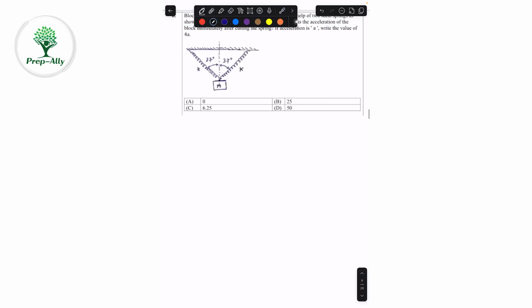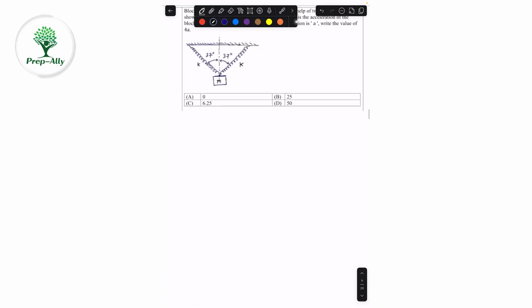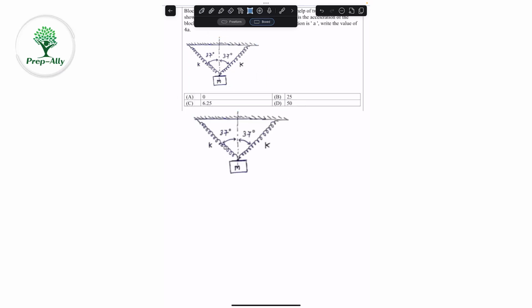Okay. So we have this system with us. Assuming this spring will have a tension of T, this spring will also have a tension of T, and the block's downward force is mg. The block is in equilibrium, that means total force on the block will be 0.